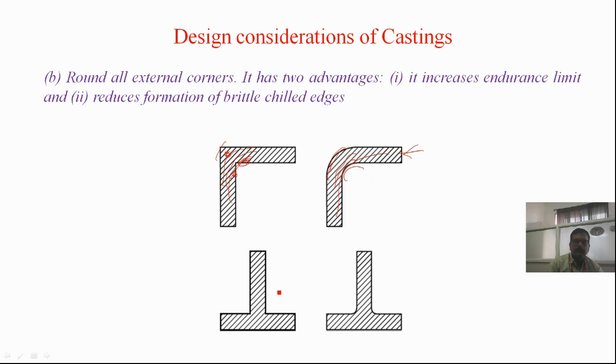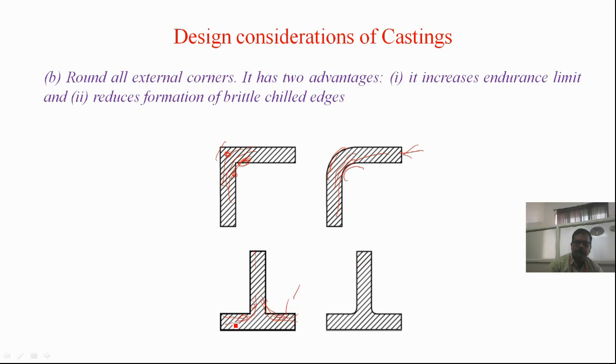The edges are here in the T section. Here also, when the flow takes place, when molten metal is entering this way, this area and this area will become defects.